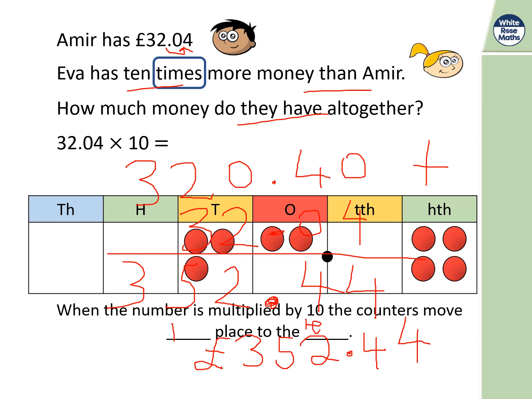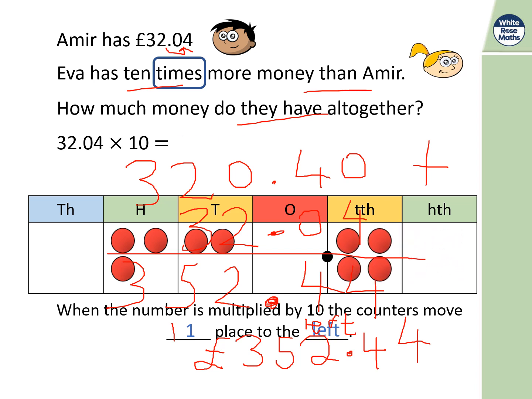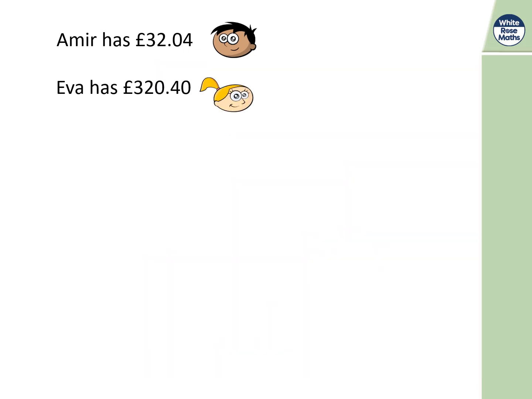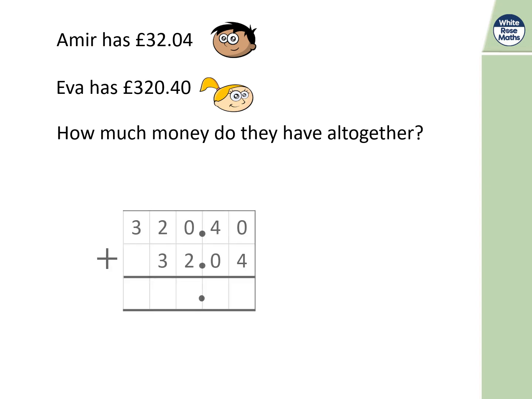Sorry about writing over my handwriting there, but hopefully you can see that. So everything's moved one place to the left. So Eva's £320 and 40 pence. How much is that altogether? Well, it is an addition there. So the answer is £352 and 44 pence, and that is our final answer.